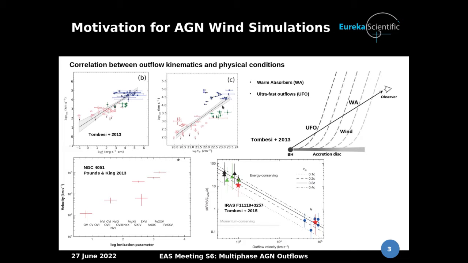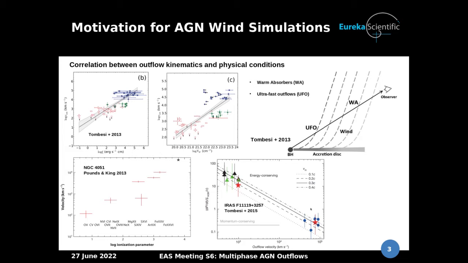There is also a work by Pounds and King on NGC 4051, and they fit warm absorber components, and as you see, there is a correlation between velocity and ionization parameter of different absorbing components.